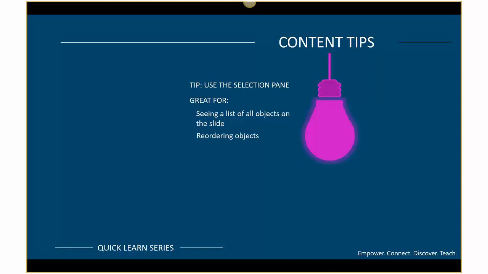It also allows you to select specific objects very easily. It's also good for viewing only a portion of the objects. So if you have multiple things going on your slide, so if you have animations or things like that, you can view only a portion of the content and work with just a little bit of it at a time.